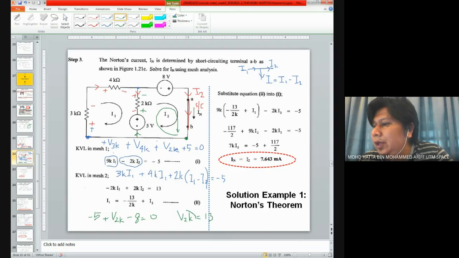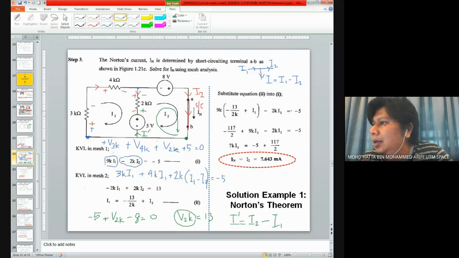And V2K comes from this current multiplied by this 2 kilo ohm. Looking at the current direction, it's in the opposite direction of the current that we got over here. If I call this I prime, I prime is given by I2 minus I1.